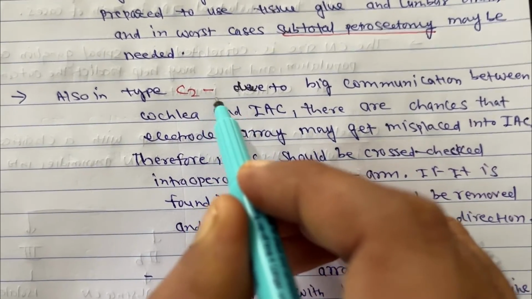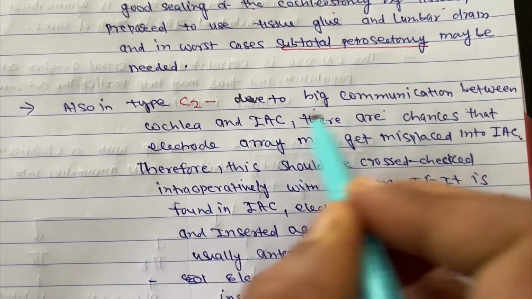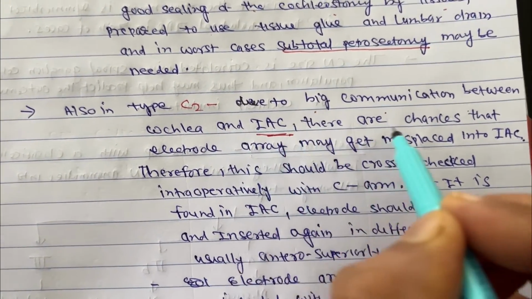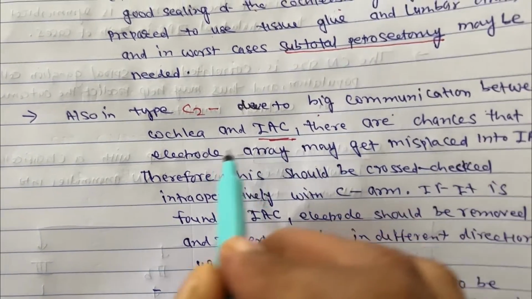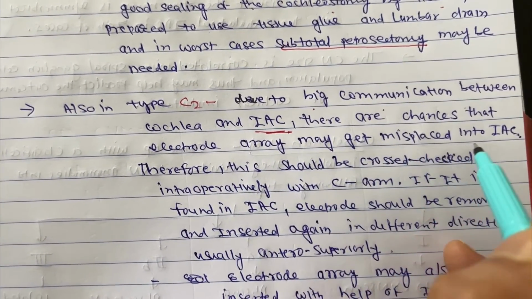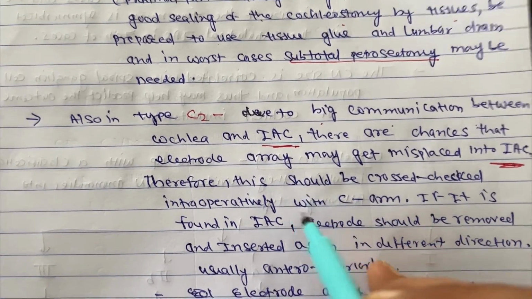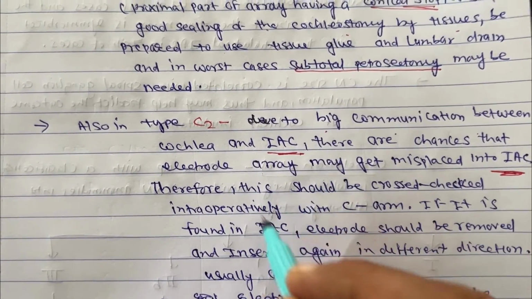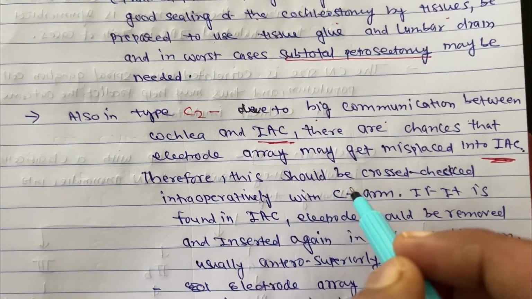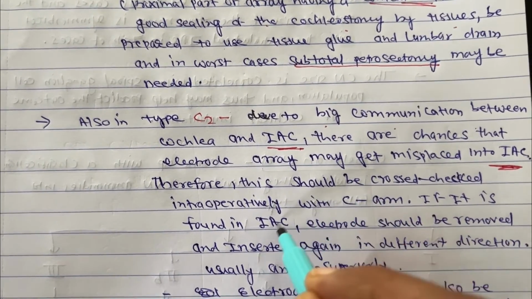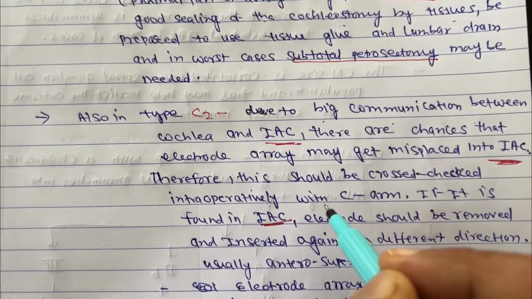In type C2, due to the big communication between the internal auditory canal and cochlea, there are chances the electrode may be misplaced in the internal auditory canal. Therefore, a cross check should be done with CT or X-ray, so you can withdraw the electrode.